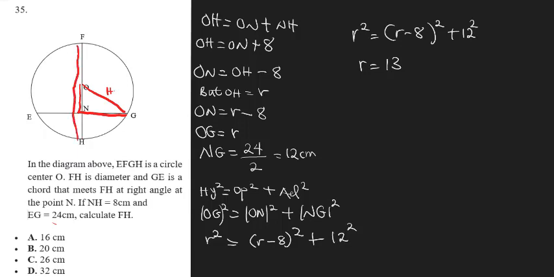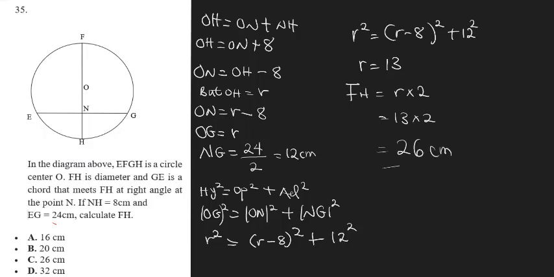So we're going to multiply it by 2, right? So in this case, we're going to say FH is equal to R times 2, which is 13 times 2 is 26 centimeters. So the answer is C. Let's move to the next question.